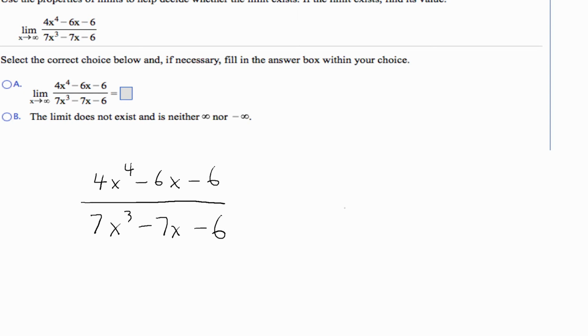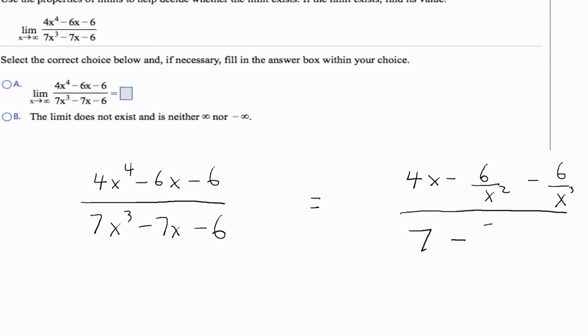Now, when I divide the numerator and the denominator by x cubed, I get 4x minus 6 over x squared minus 6 over x cubed, divided by 7 minus 7 over x squared minus 6 over x cubed.